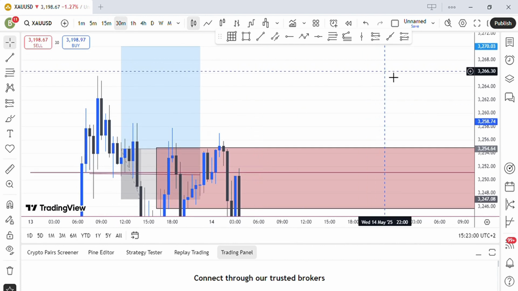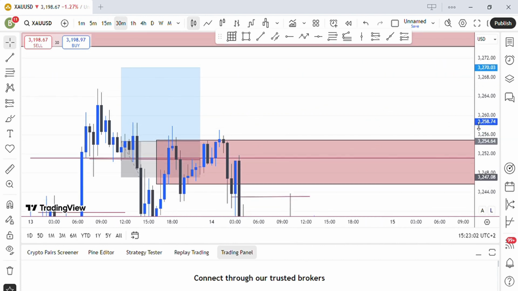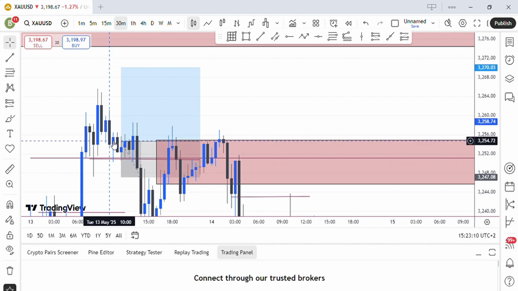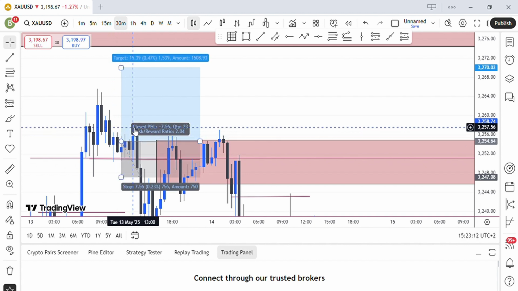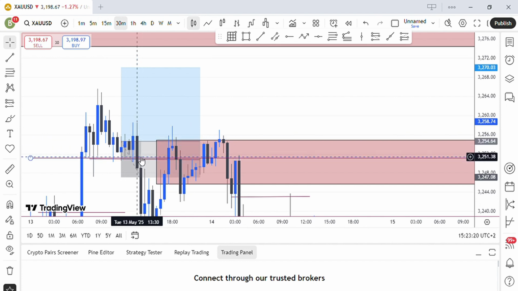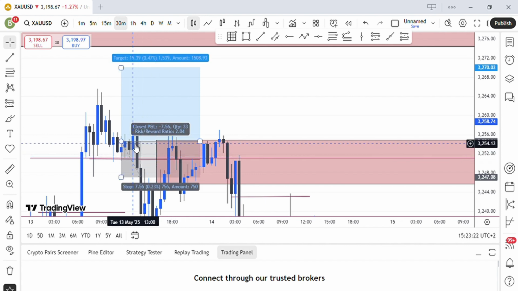Sometimes I feel like I'm just trading because I have to trade, but this is the price you have to pay. So here price tapped into the level, went up and broke this A level here, and I was looking to enter a sell from, was it down here? Yeah, I think it was from down here.